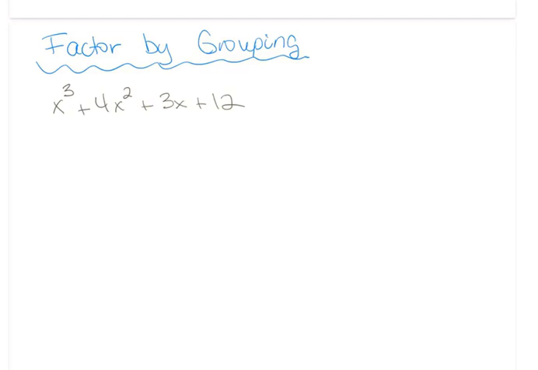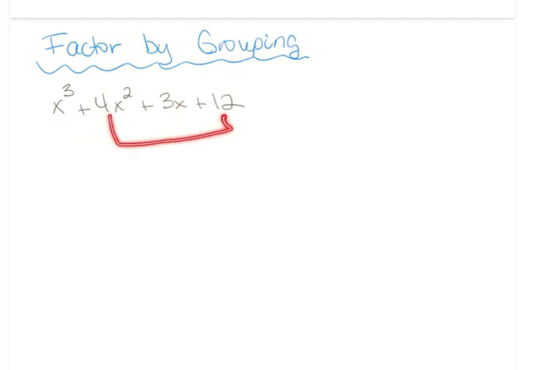But you're looking for common factors. So if I put these two together, they're going to have what in common? X squared. Yep. If I put these two together, they're going to have what in common? 3, right? But I could put this guy and this guy together, because what do they have in common? They've got an x in common.